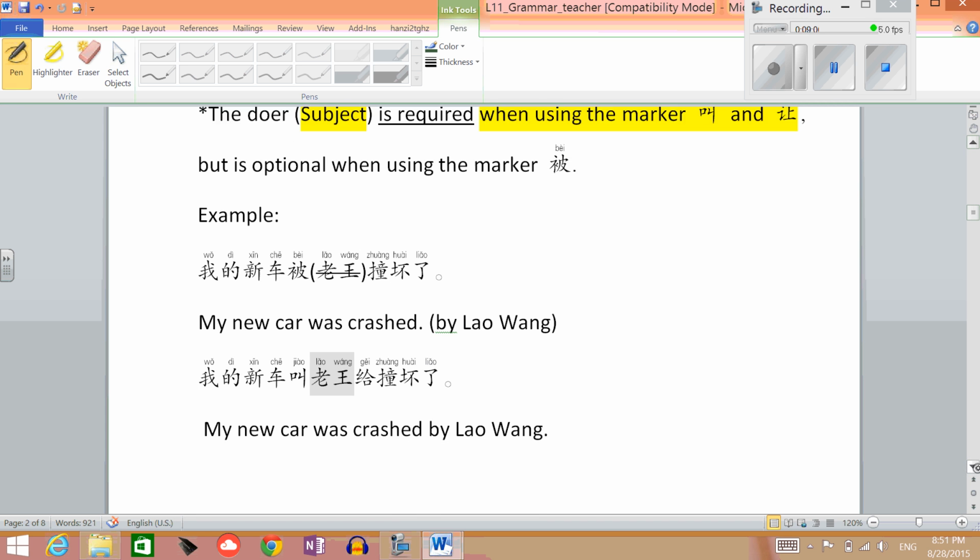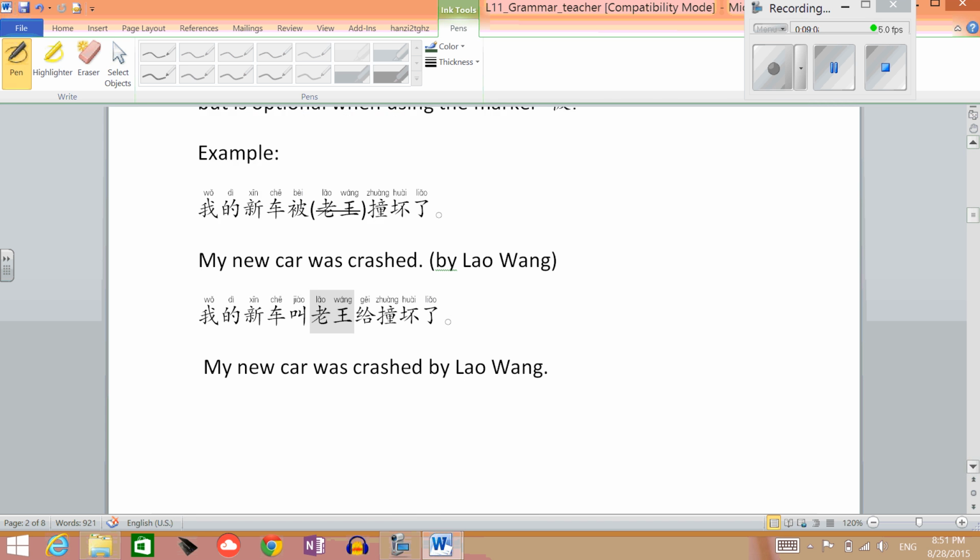Example, 我的新车, the object, right? My new car. 被老王撞坏了. 老王 is someone whose last name is Wang, and the person is older than you, so you call the person 老王. My new car was crashed by 老王. So here when you use 被, the action doer, the subject, is optional.